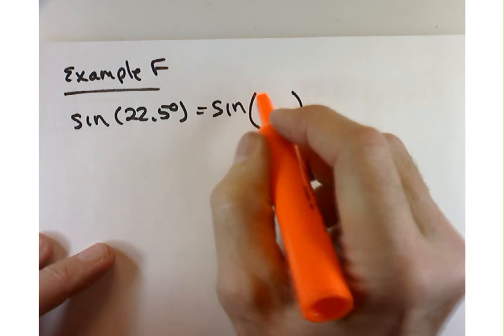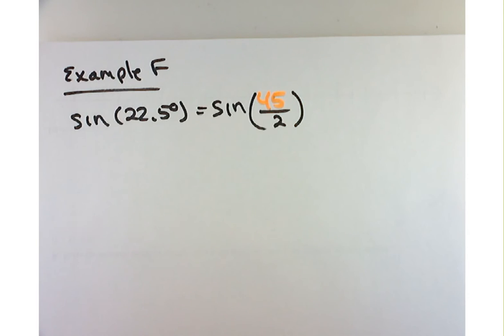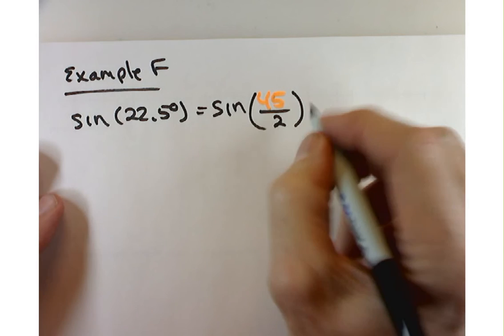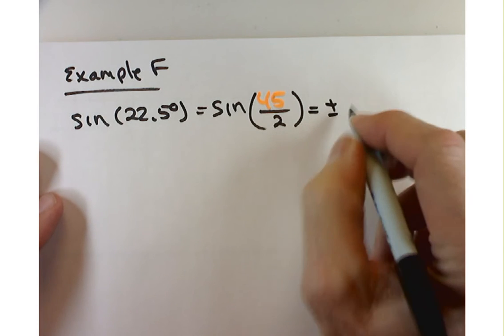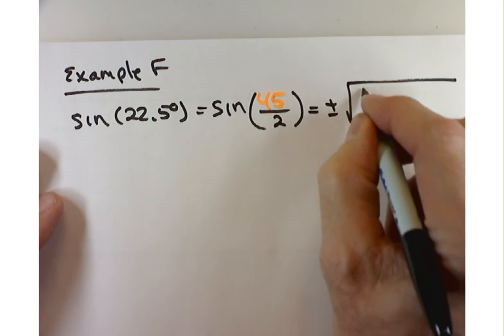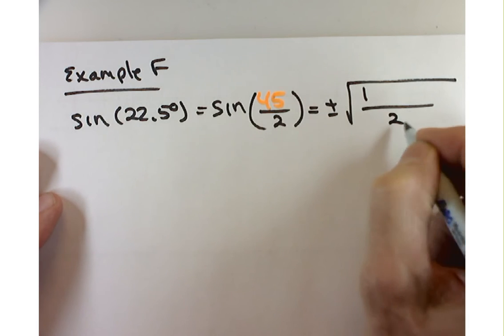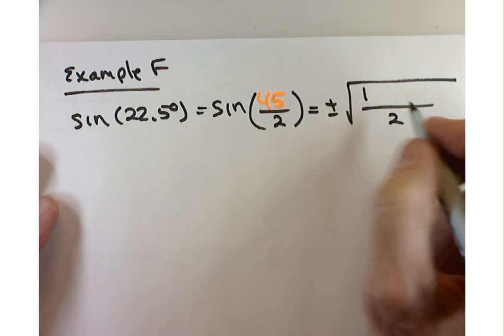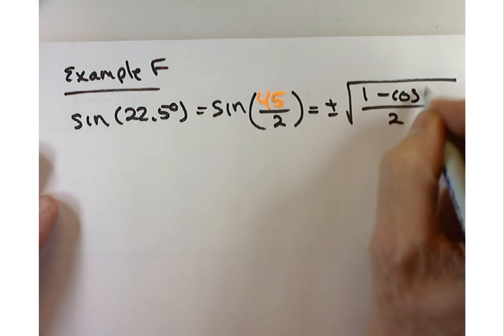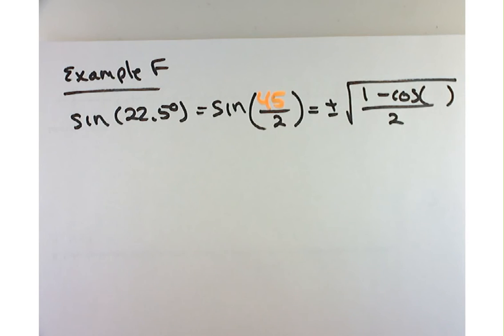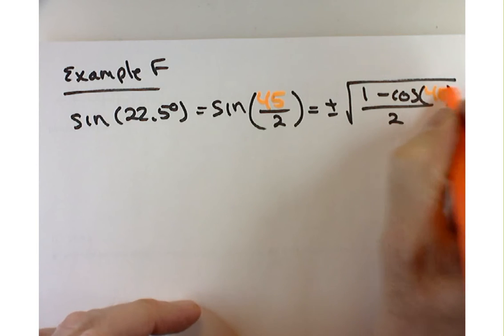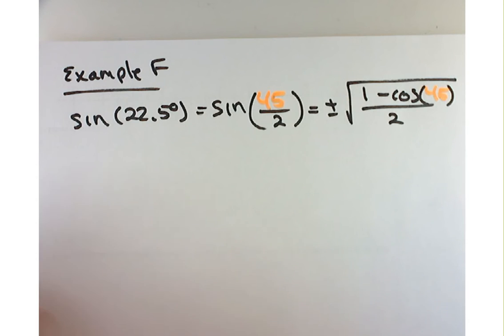Yep, half of 45. Perfect. And so according to our formula then, this is going to be plus or minus the square root of 1 minus cosine of 45.